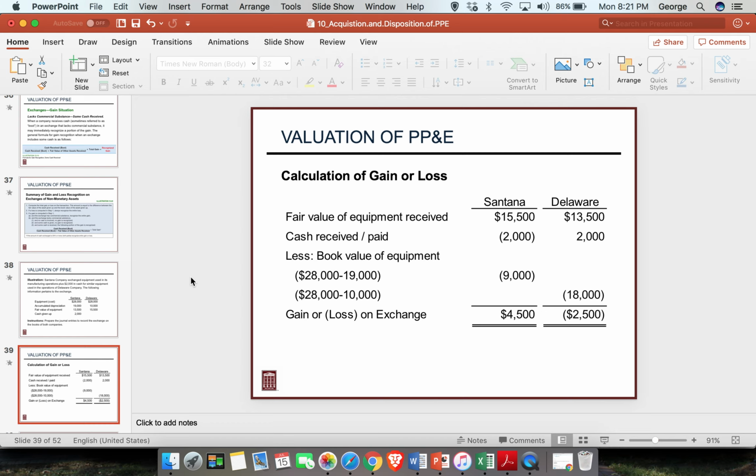All right, so for Santana, fair value of equipment received was 15,500. They paid 2,000. And they had equipment of 28 less depreciation of 19, so they had a book value of 9,000 on their asset.